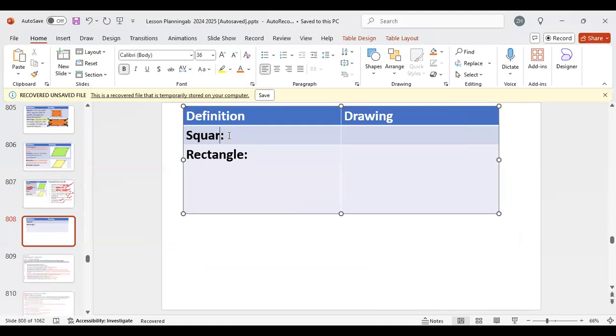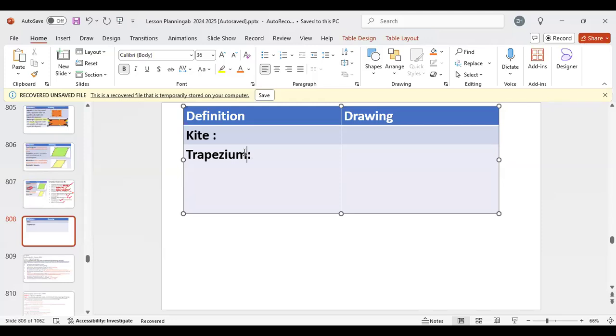Let's deal with the kite and the trapezium, or trapezoid. Everyone should know about the trapezium. So with the kite, what could we say about the kite?